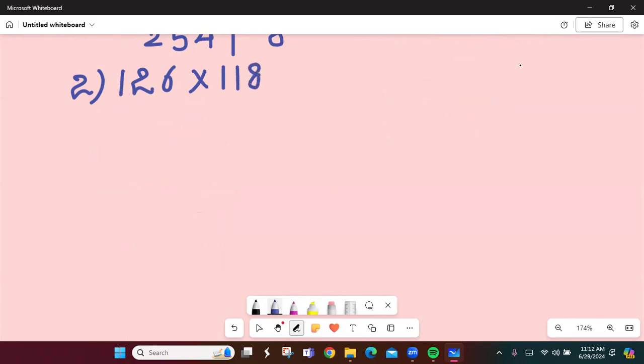Now here, in the regular way, 126 and 118 are both 3-digit numbers, so the standard base should be 100. But if I take the base as 100 and do the calculations, obviously it is going to be a bit difficult because the difference of one number is 26 and the other number, the difference will be 18 from 100.